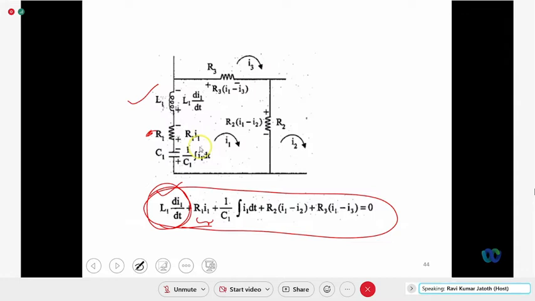So this is the first mesh: R1 I1, L1 di1 by dt, and 1 by C1 integral I dt. These are the individual components, and shared components are R2 into I1 minus I2 and R3 into I1 minus I2. Is it fine? Yes, sir.